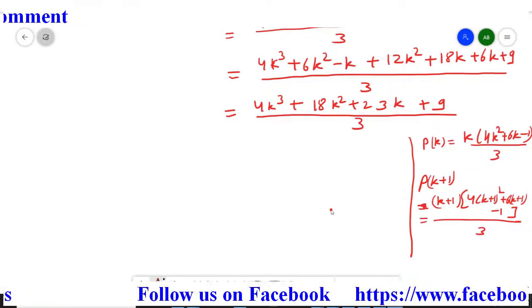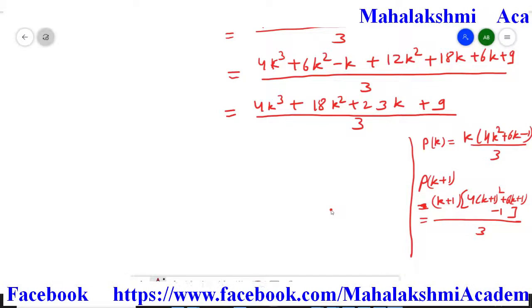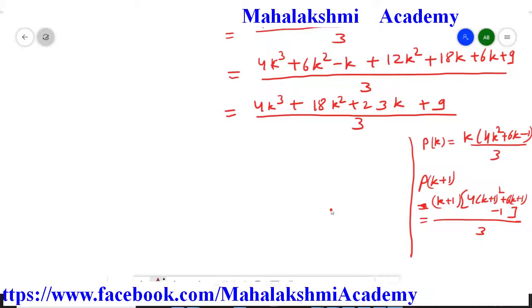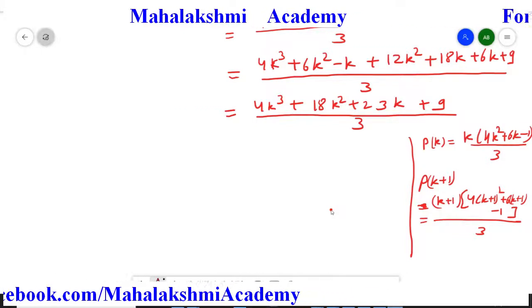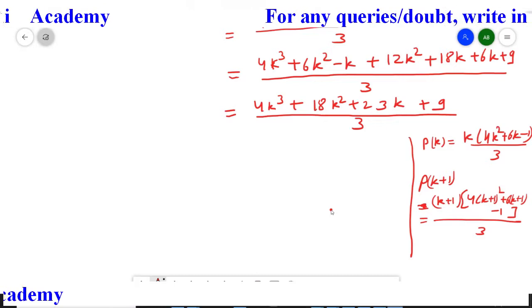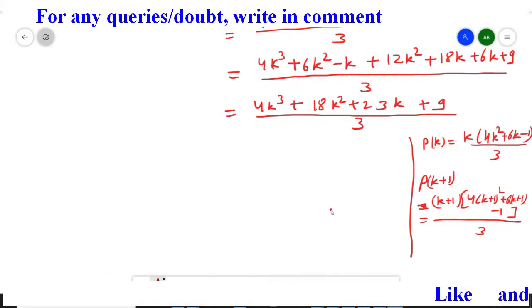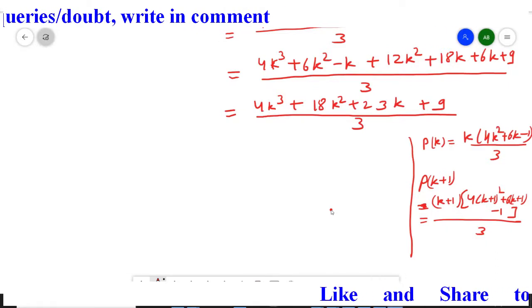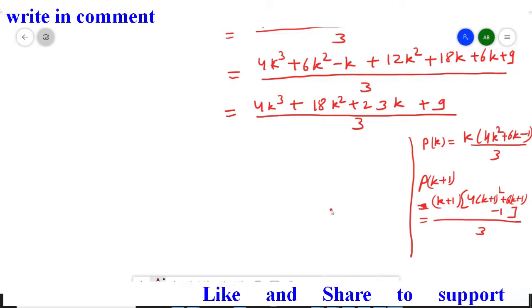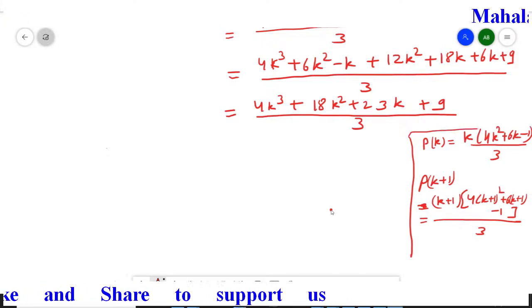So I hope it's clear to you that this answer we have to bring into this, that is (k plus 1) times big bracket 4(k plus 1) square plus 6(k plus 1) minus 1, divided by 3. So to bring it, we have to do a lot of changes. So for this, the changes are like this, students, and it's a little bit tricky, you have to understand it properly.